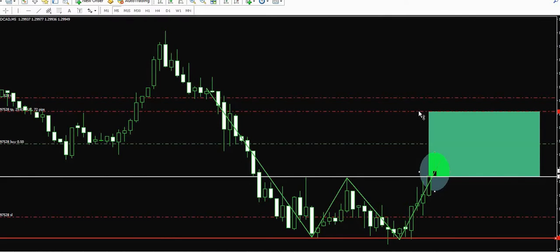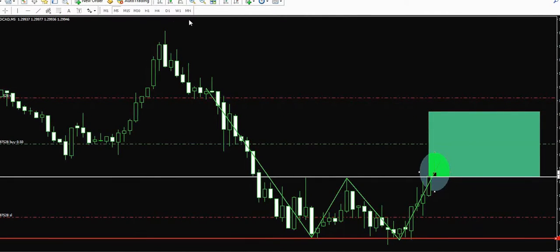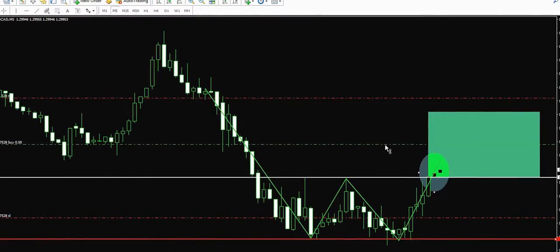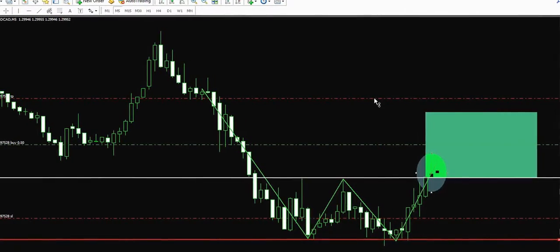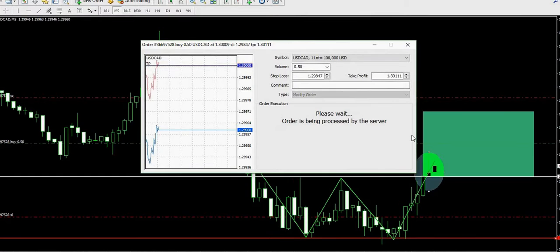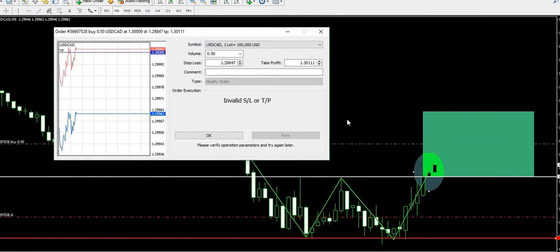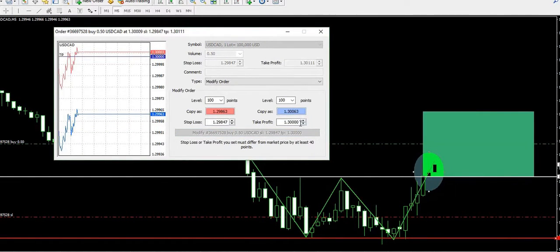Over here. Let's adjust it manually. Oops, looks like the platform takes some time to respond. That's normal, happens sometimes.